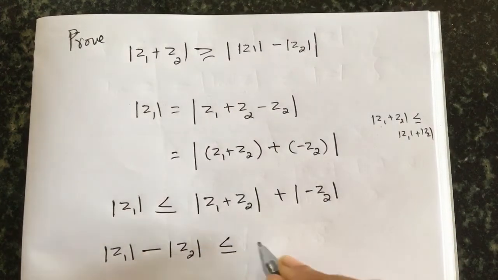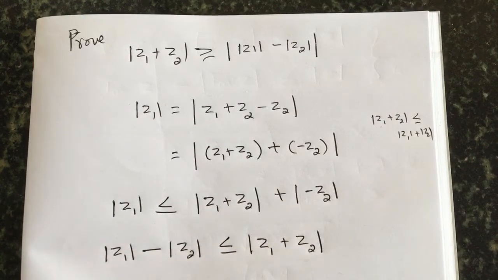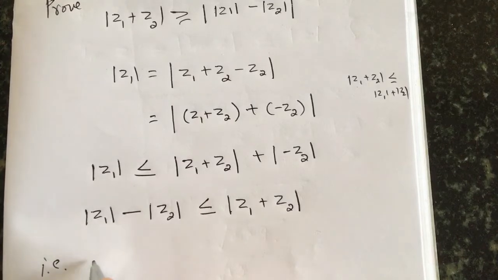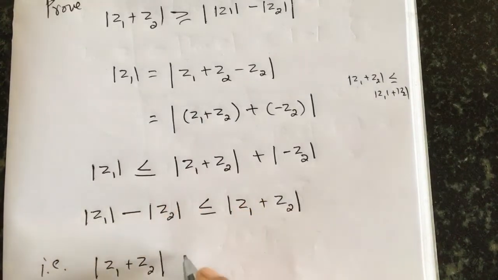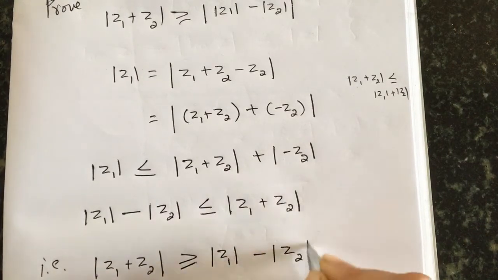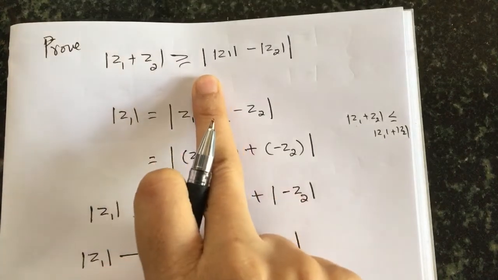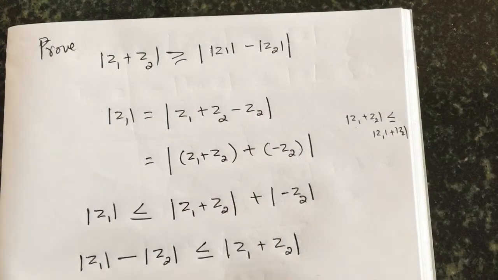So mod z1 minus mod z2 will be less than or equal to mod z1 plus z2. Same as writing mod z1 plus z2, reversing the sign, greater than or equal to mod z1 minus mod z2. This is okay, but I want to have the modulus of modulus z1 minus modulus z2, right? So take this as it is.